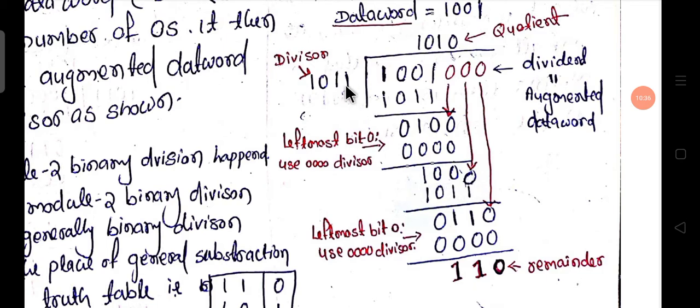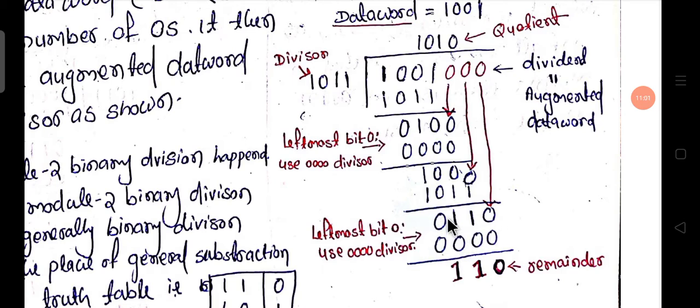So here similar bits give 0, dissimilar bits give 1, and the next bit is dropped down. Then here the leftmost bit is 1, so we can divide this 1 1 0 1 1 by 1 0 1 1. Then we XOR: dissimilar bits 1, similar bits 0, and the next 0 is dropped.